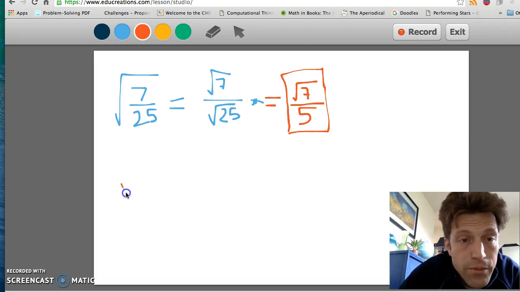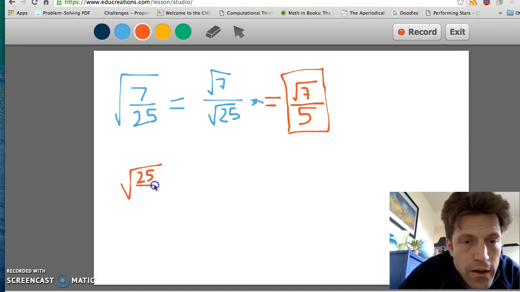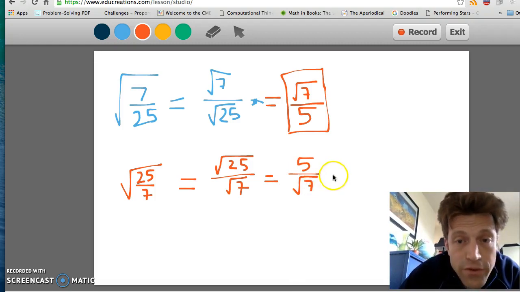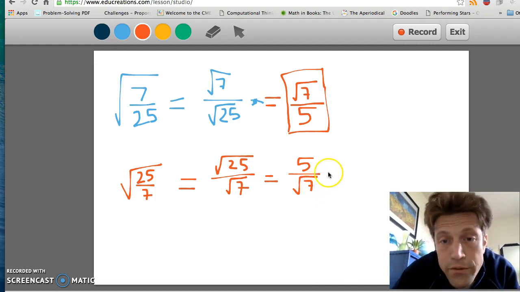Now another example would be square root of 25 over 7. If I solve that one, that would equal square root of 25 over square root of 7. And that equals 5 over the square root of 7. But now I do have to do that method because I've got an irrational denominator, and that's just not how we roll.